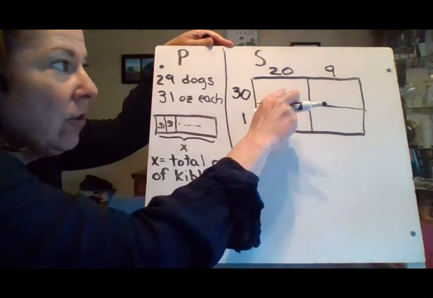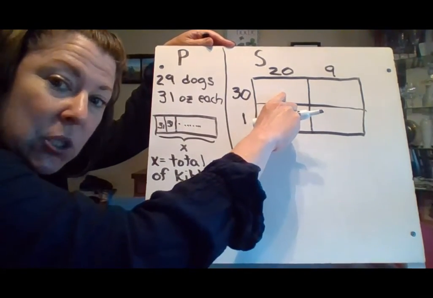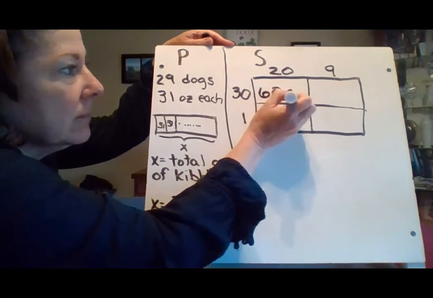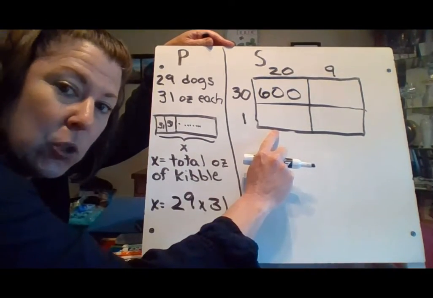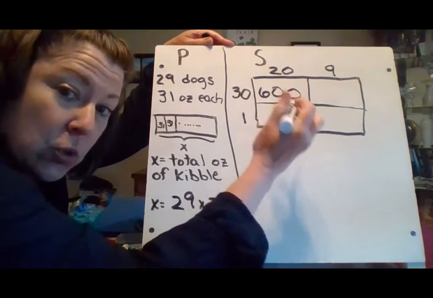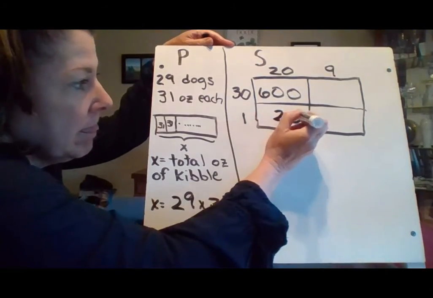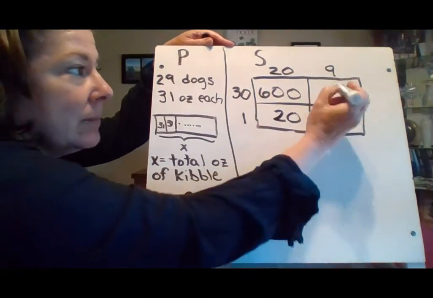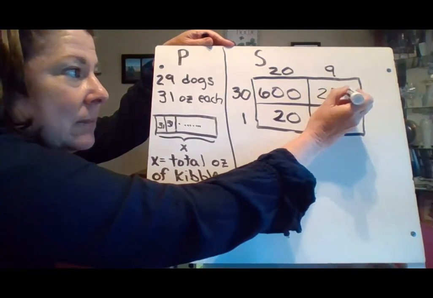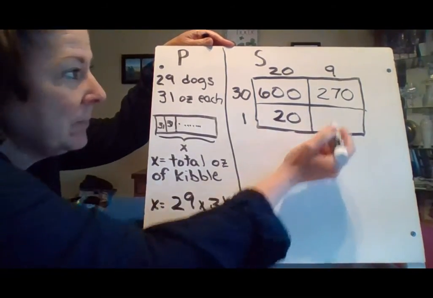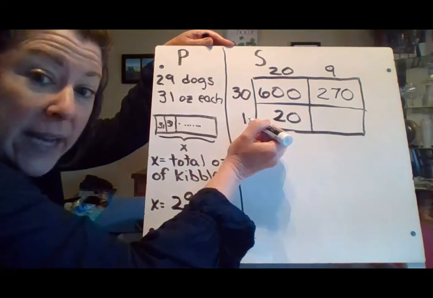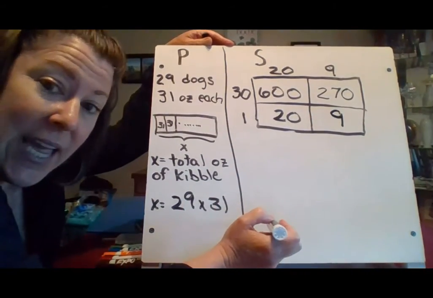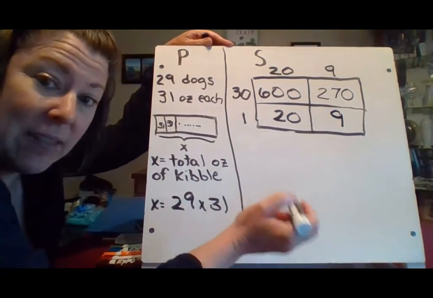So first, I'm going to do 20 times 30, which is 600. Then I'm going to do 20 times 1, which is 20. 9 times 30, 270. 9 times 1 is 9.